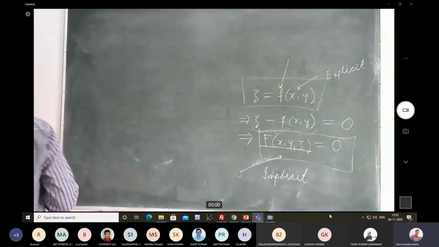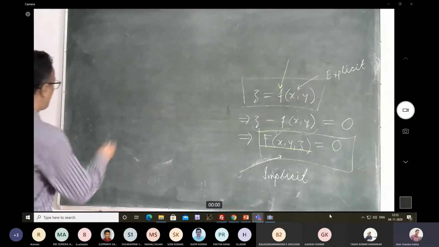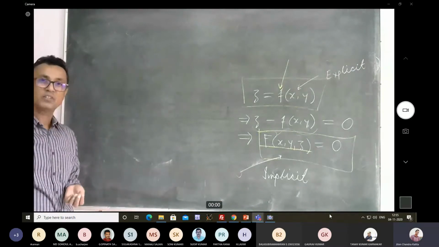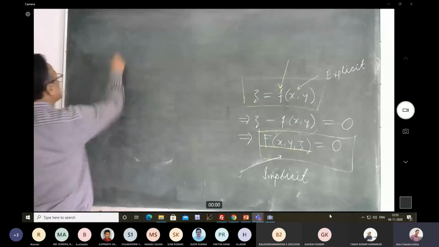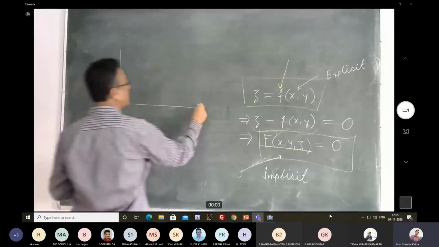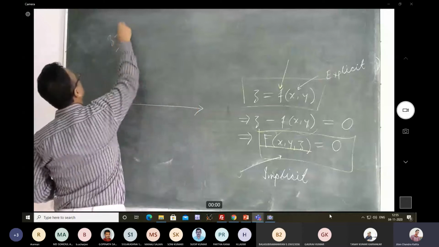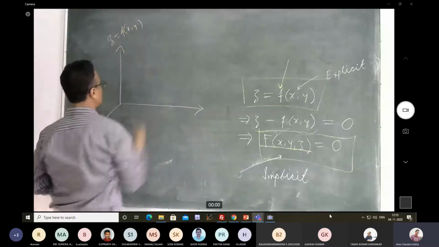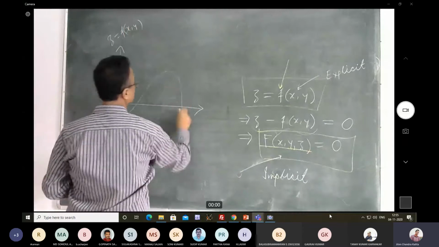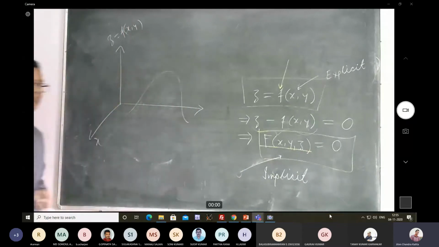See, remember, suppose I consider a function of two variables, then what is going to happen? The graph of the function, suppose z equal to f of x, y, is going to be a surface, right?